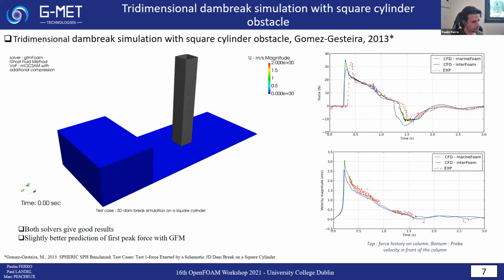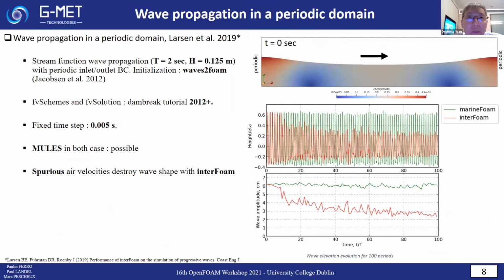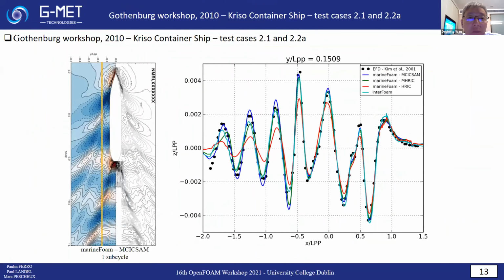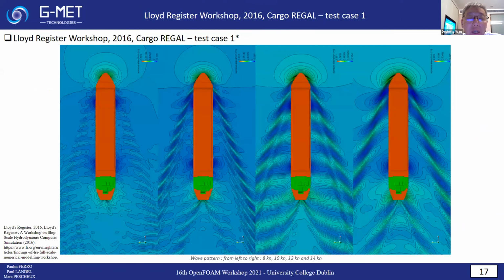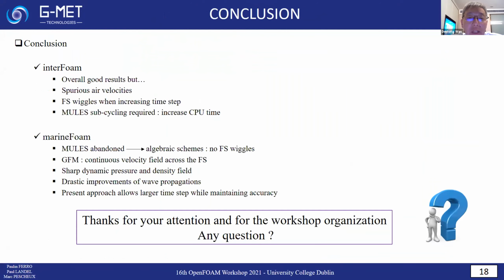So what's the GFM? Is it the ghost fluid method? Yes, of course, this is the ghost fluid method. So this means you modified some of the pressure calculation scheme, right? Yes, we modify the Laplacian and the gradient operator near the free surface.